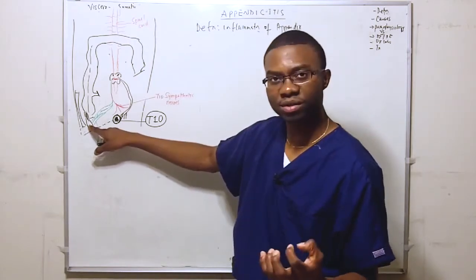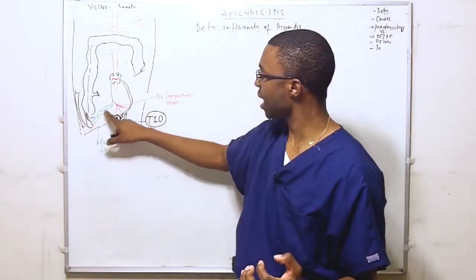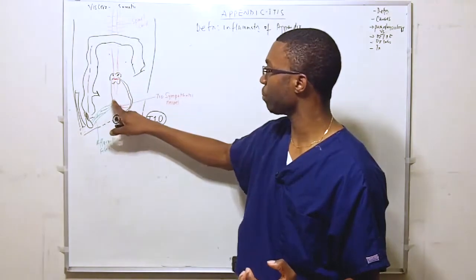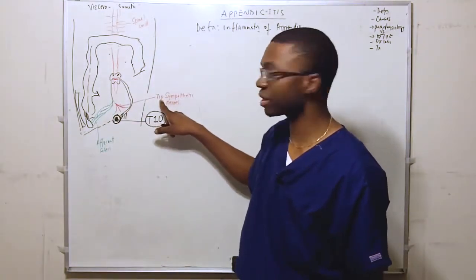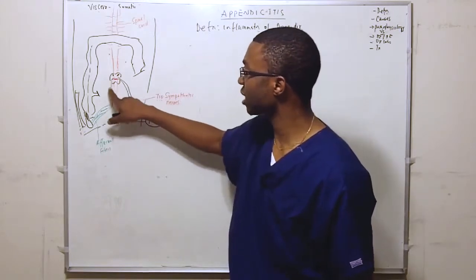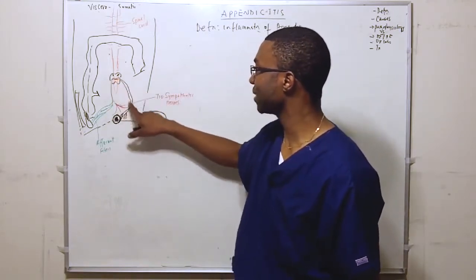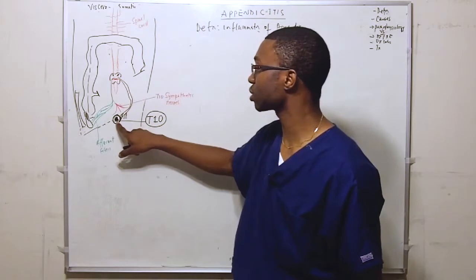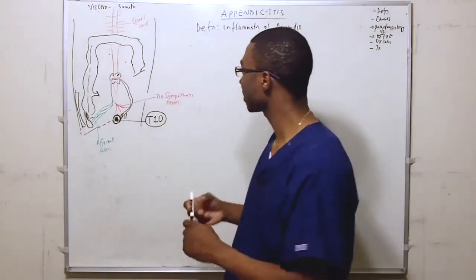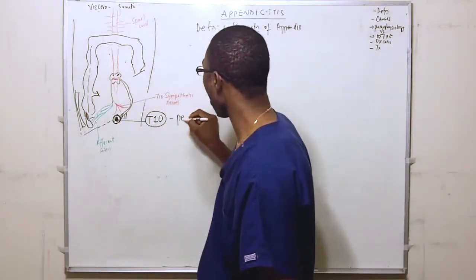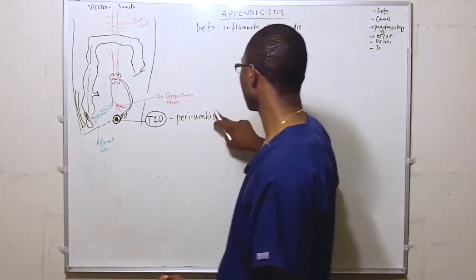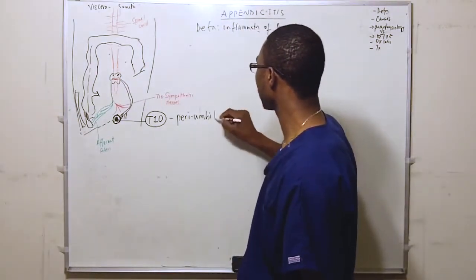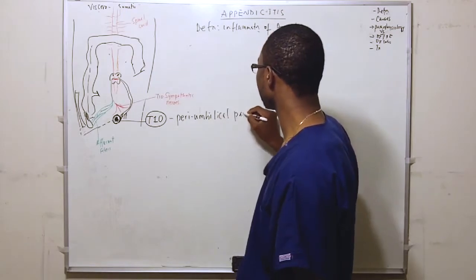They pick up the nerve sensation and they jump on the wagon by crossing with the T10 sympathetic nerve that synapses and goes into the spinal cord. And these guys send efferent signals at the level of T10, and that's why patients always start with periumbilical pain.